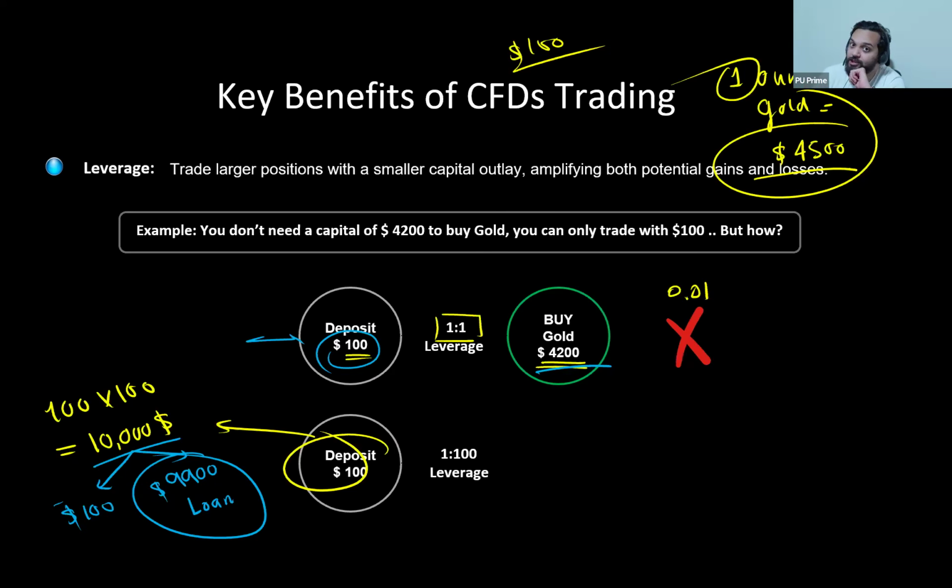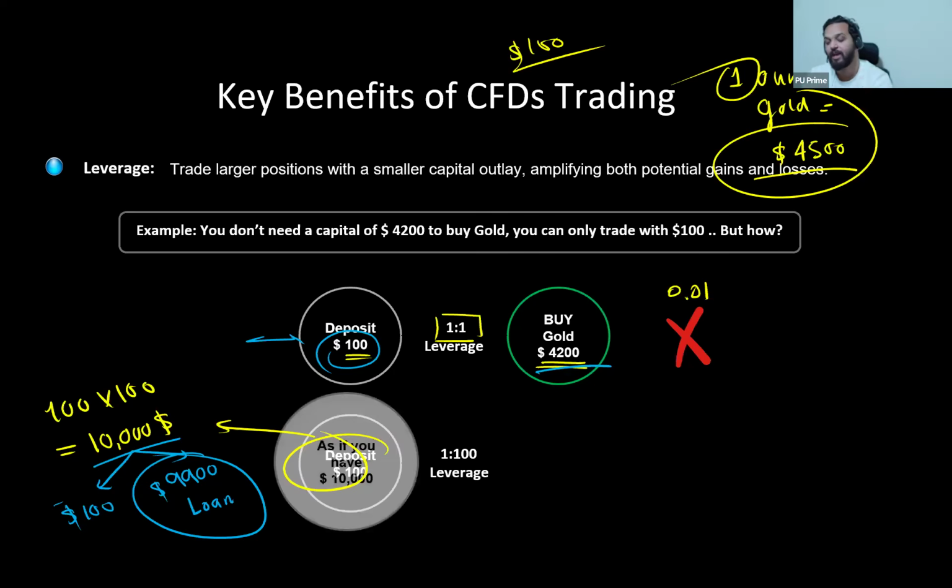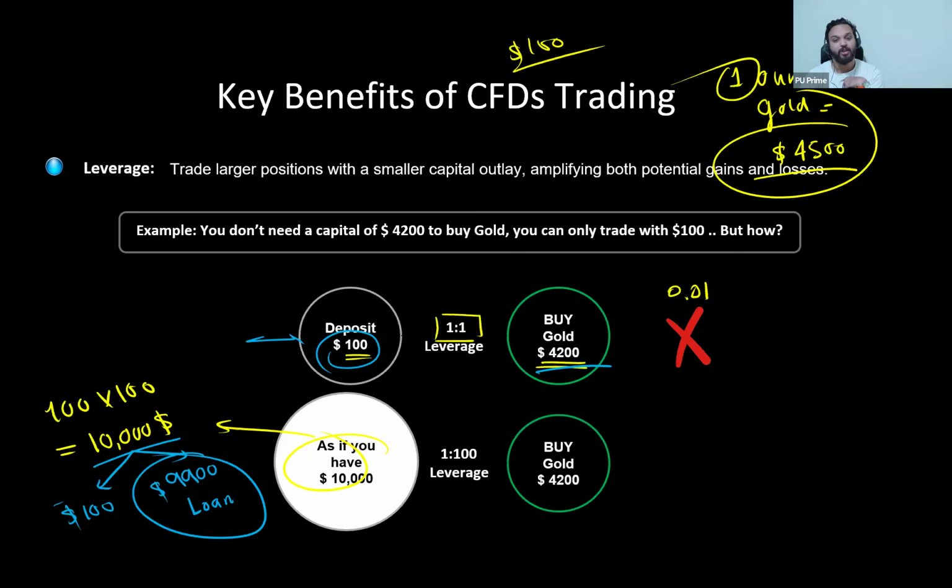But if you lost, your $100 is going to vanish in nanoseconds. So now you act as if you have $10,000, but honestly you just own $100. If you would like to buy gold at $4,200, definitely you would be able to do that. But the risk is huge and the profits are huge.